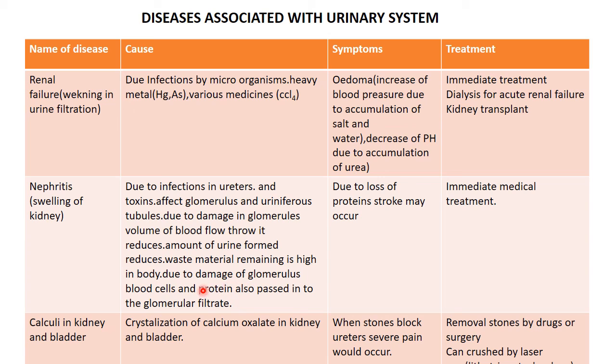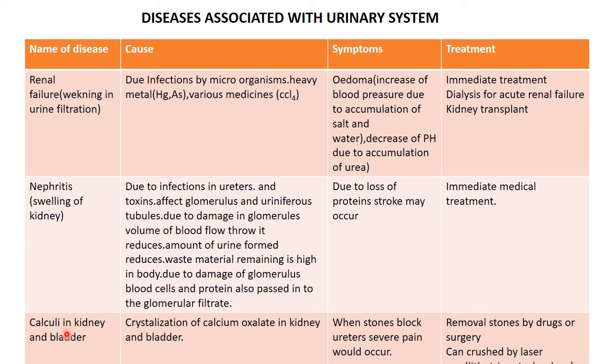So plasma protein and blood cells are absent in glomerular filtrate. But when the glomerulus gets damaged, blood cells and protein also pass into the glomerular filtrate. Due to loss of proteins in filtration, stroke may occur. So immediate medical treatment is necessary to cure this condition.